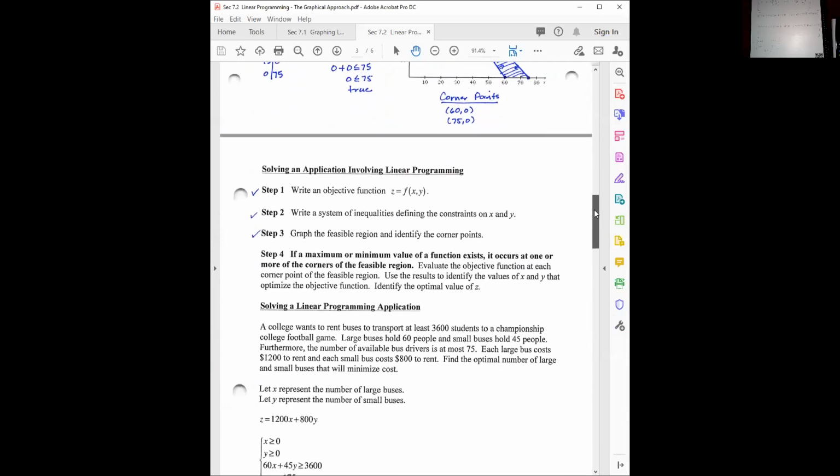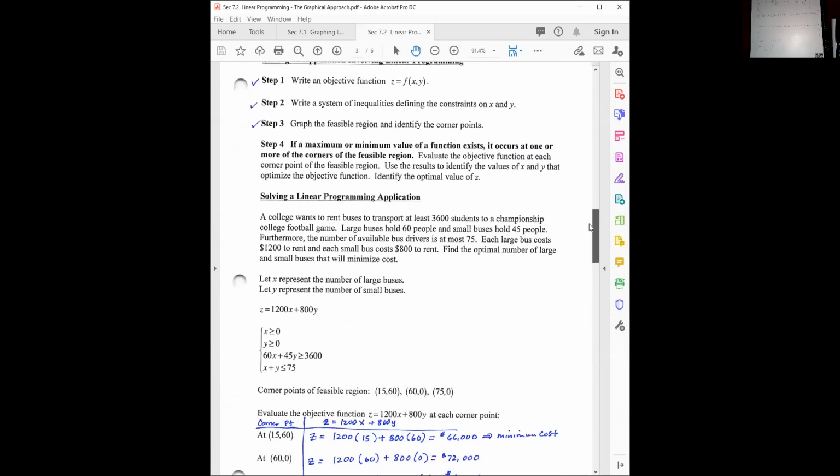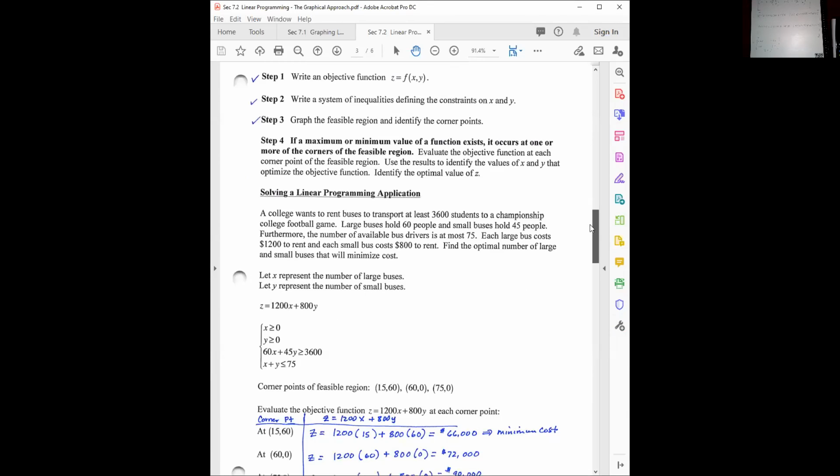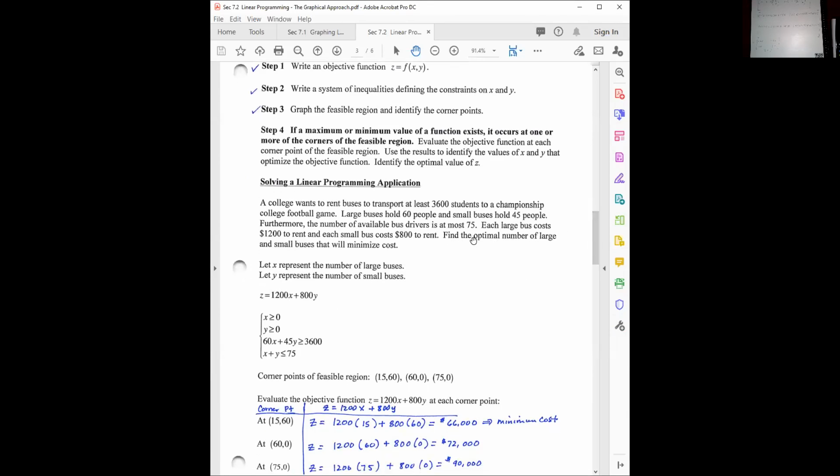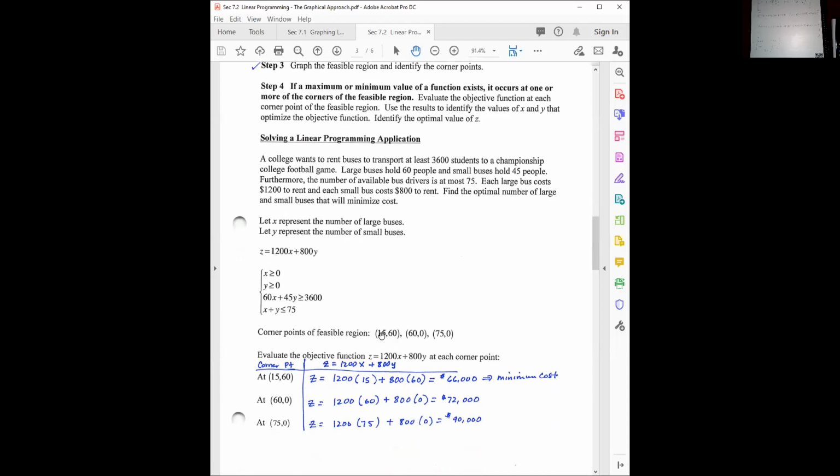Now, the question will ask you to find the optimal number of large and small buses that will minimize cost. So you treat the z as your cost function, or the objective function that will minimize cost. You basically plug in the three corners that we found on the graph into z and see which is the smallest.